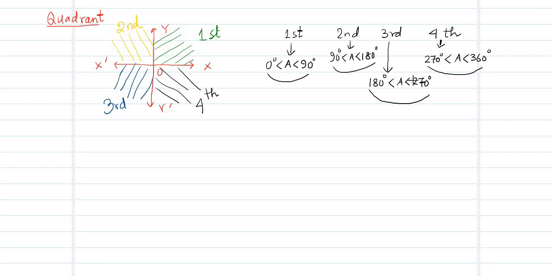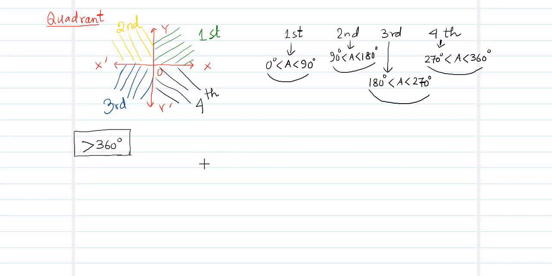What I mean to say is this: in trigonometry, angles can be of more than 360 degree. Now how is this possible?